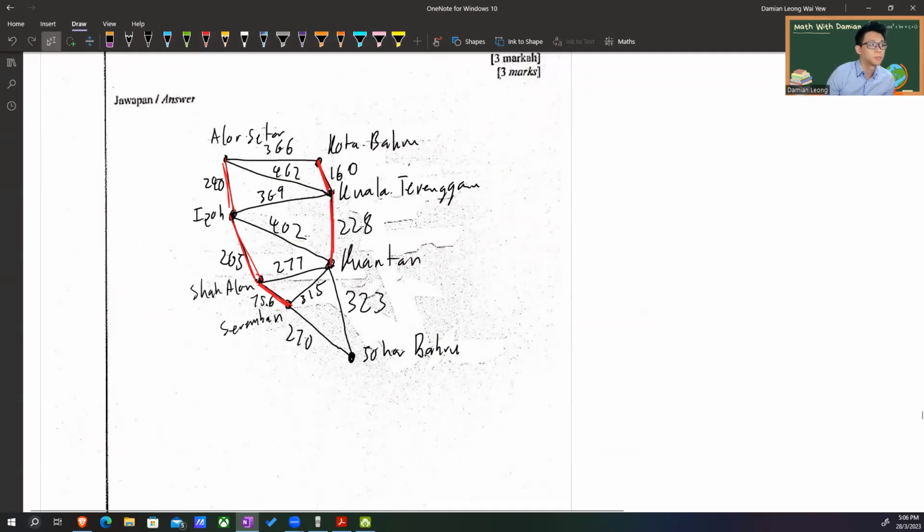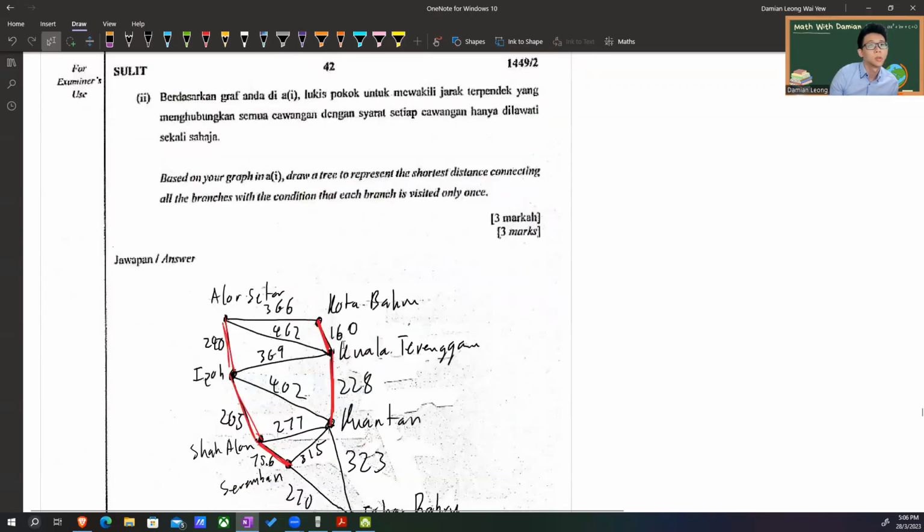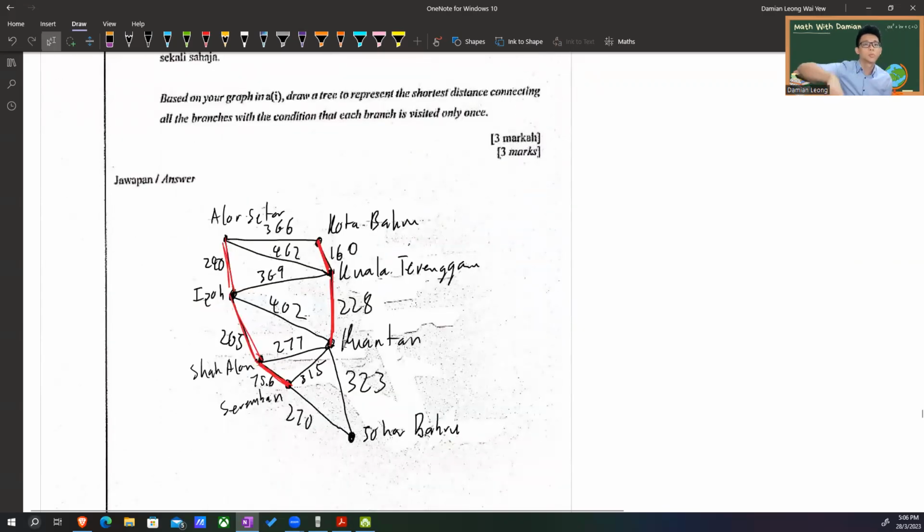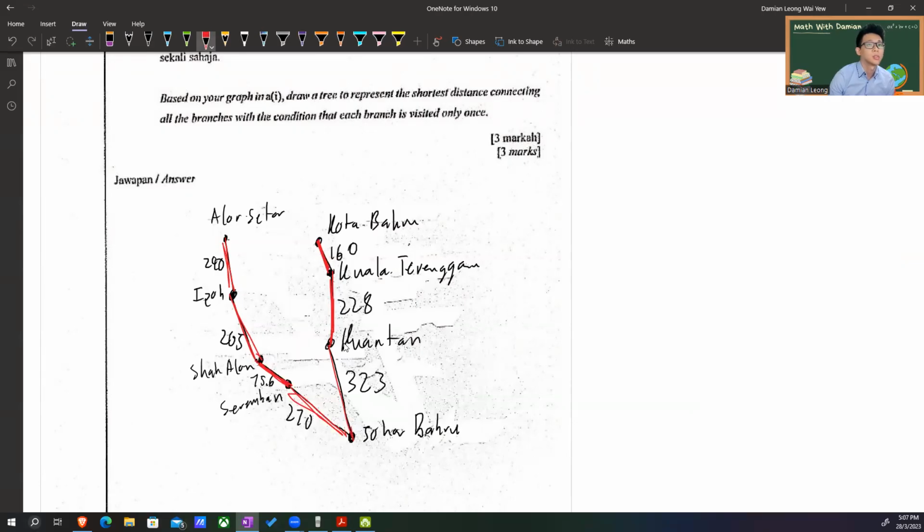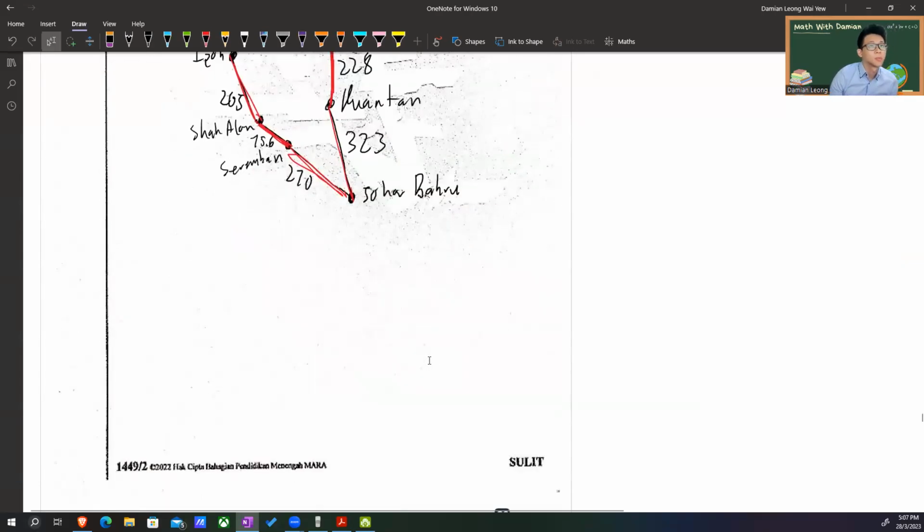Then you want to go from one end to the other end. Okay, so if we do like that, then it doesn't pass through Johor. So better to go like this. Yeah, erase all this, basically like that.